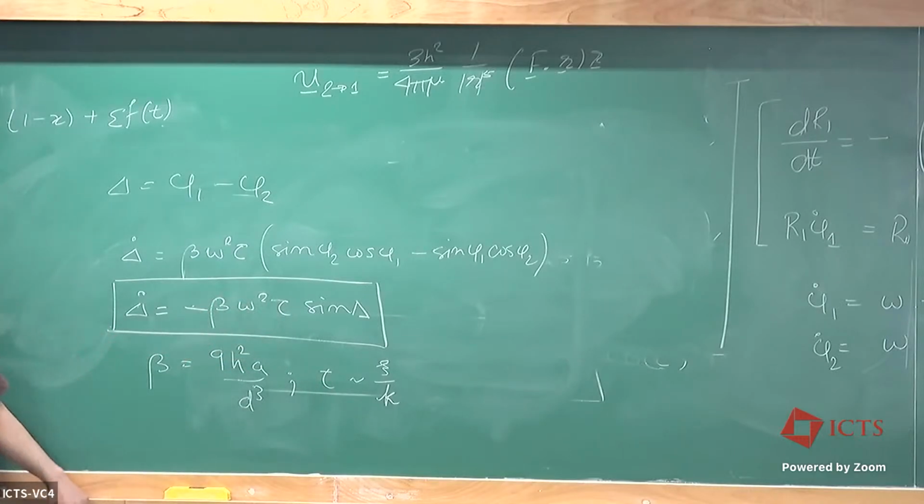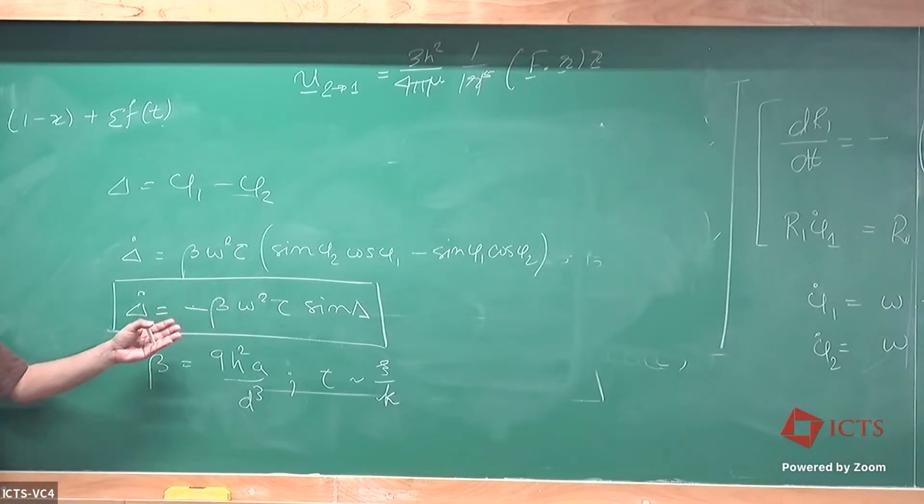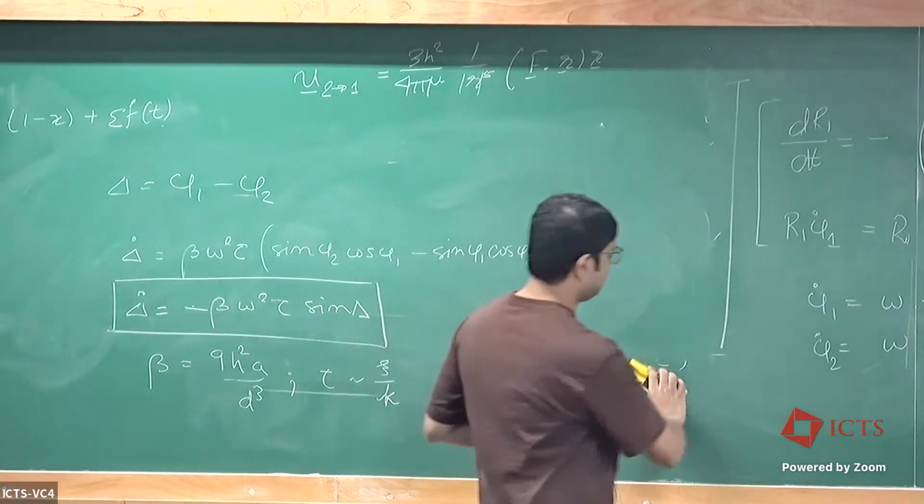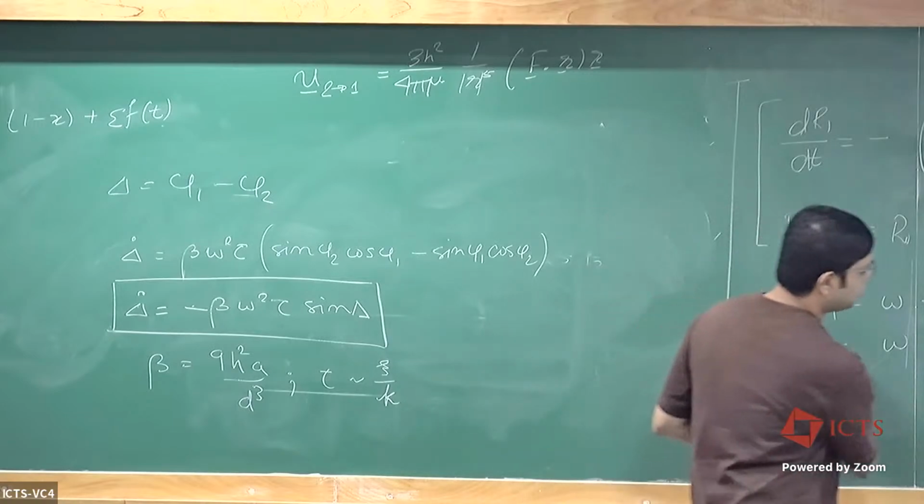Okay, now let's ask the following question. There is some interaction. The delta dot is going to evolve. Are they going to synchronize in phase, which means phi1 minus phi2 goes to 0, or will they synchronize anti-phase? How will you figure this out?